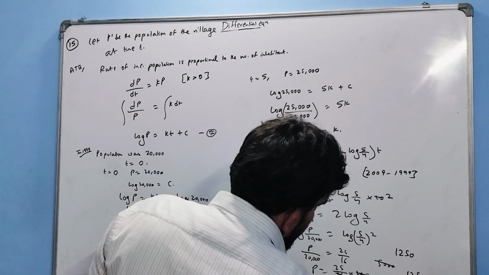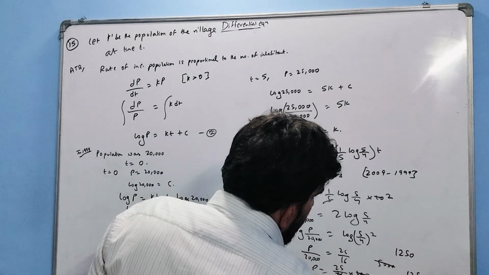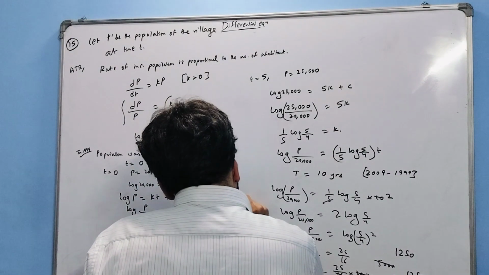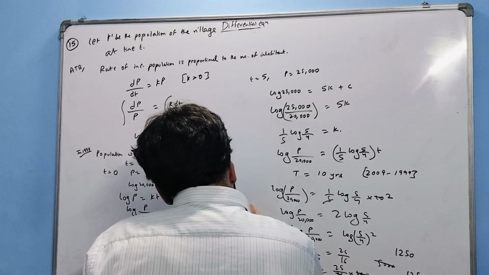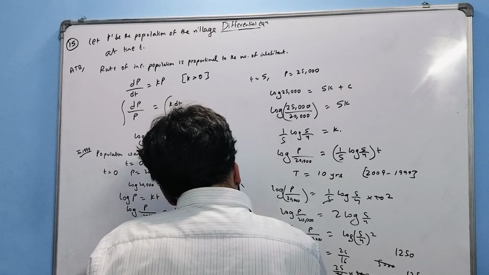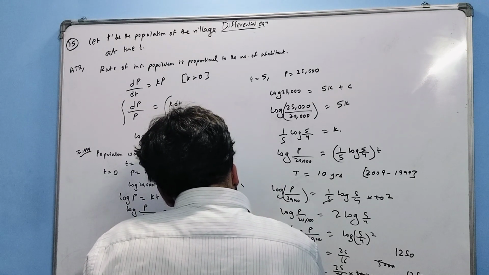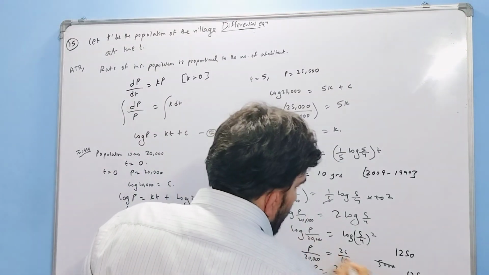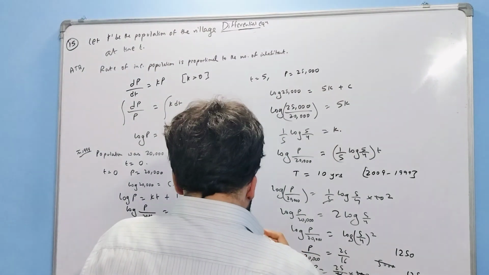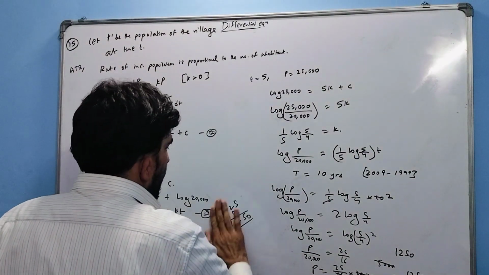So finally I got the population, the exact value, 31,250. Okay, so that is how we were able to find the population of the village.